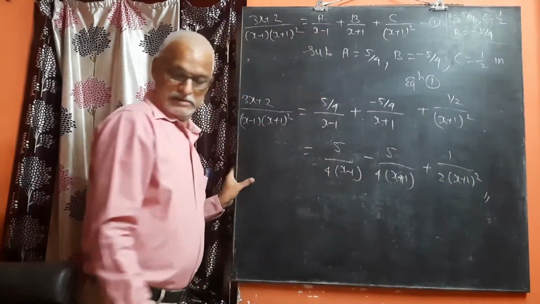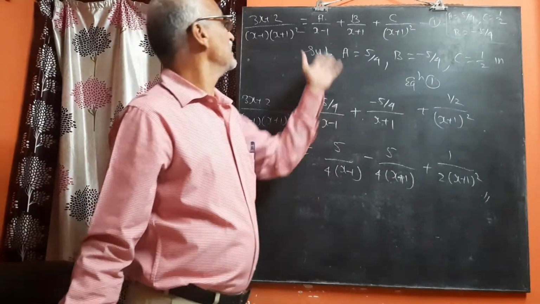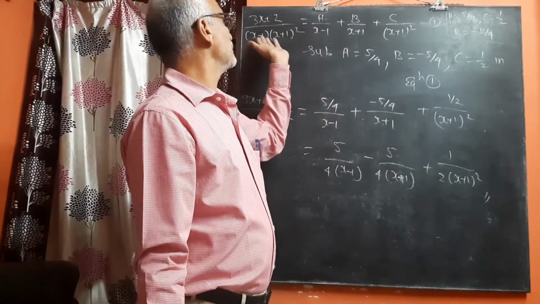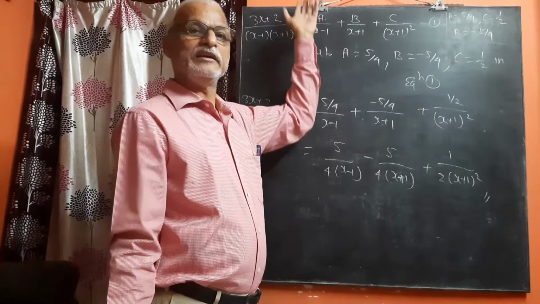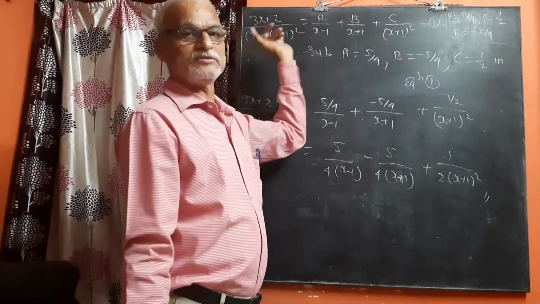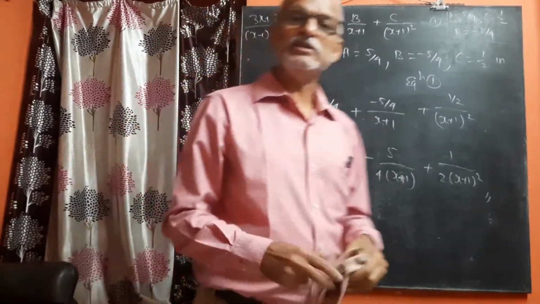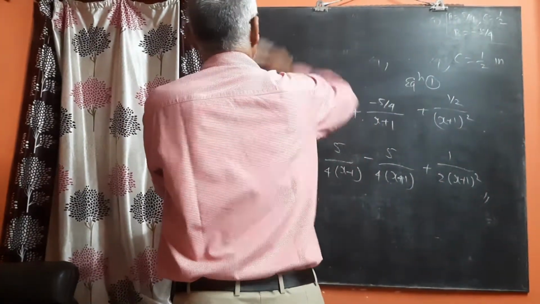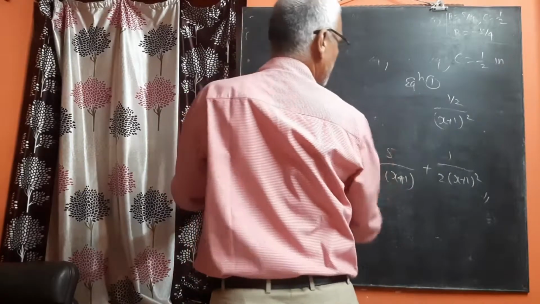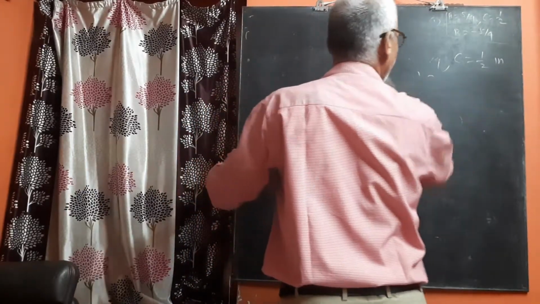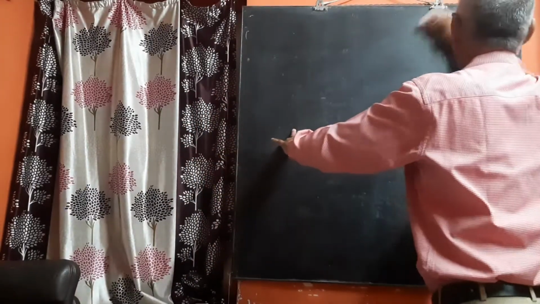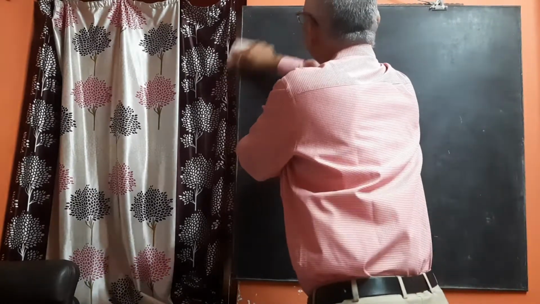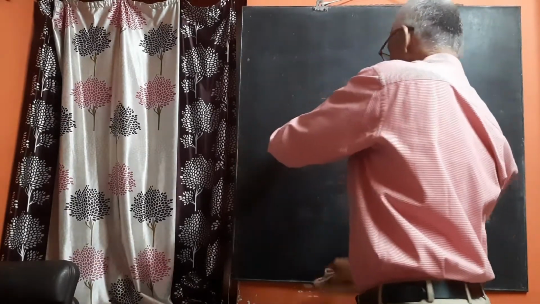So these are the partial fractions of 3x plus 2 upon x minus 1 into x plus 1 the whole square. Initially it was x plus 1 into x square minus 1. So we have seen two different cases. In the first condition, the denominator contains non-repeated linear factors. In the second condition, the denominator contains repeated linear factors.